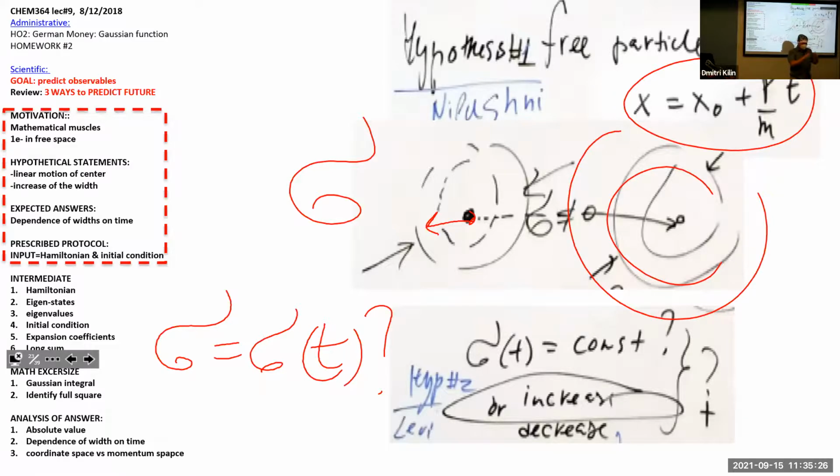And then for the bell shape that comes as the output, we should speak about width, right? The parameter in the denominator of the power of the exponential. And we should look at it as a function of time and check whether it is constant, or it grows, or it becomes smaller. So by votes, we agreed that it should grow.